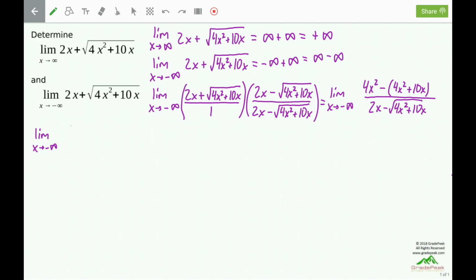In the numerator, we have a 4x squared, and we can distribute the minus into here, which will give a negative 4x squared, and then a negative 10x. I'm going to leave the denominator alone.